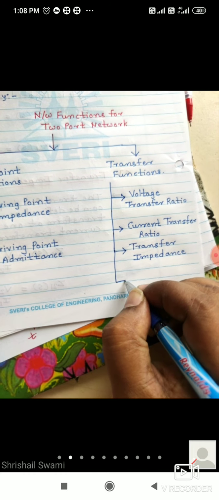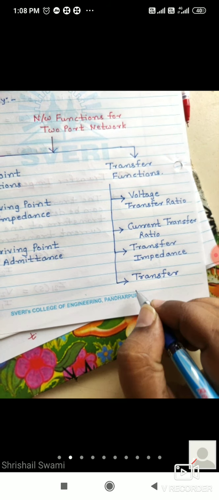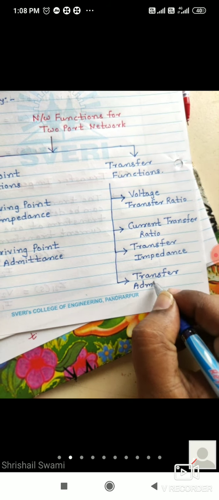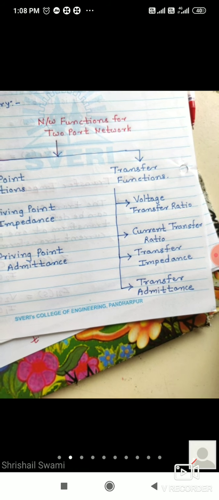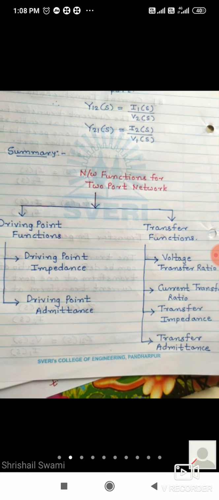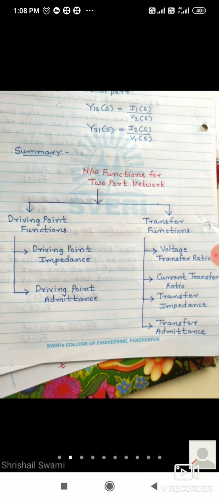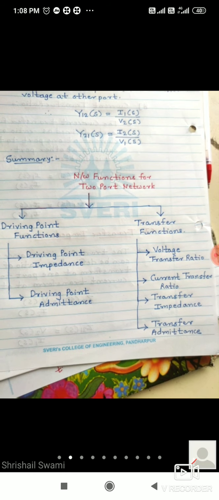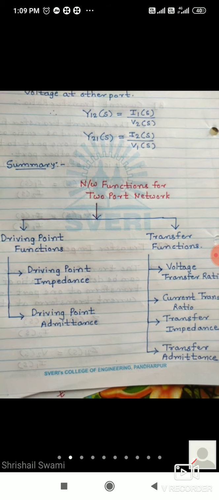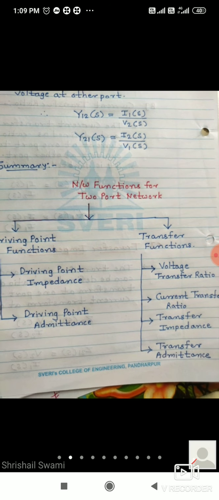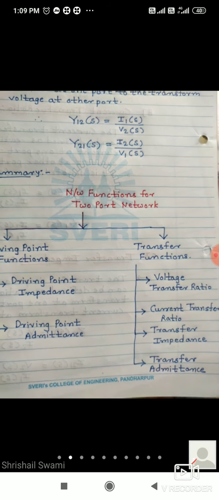And after that, last one, transfer admittance. So this is the classification we can say related to network functions for two-port network. So if you are remembering this classification, you can easily write the definitions and equations for all these network functions. Okay, even if you make this chart, you will understand.